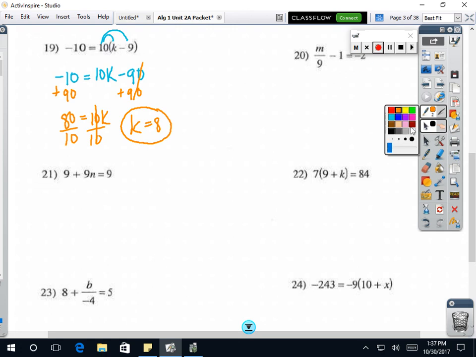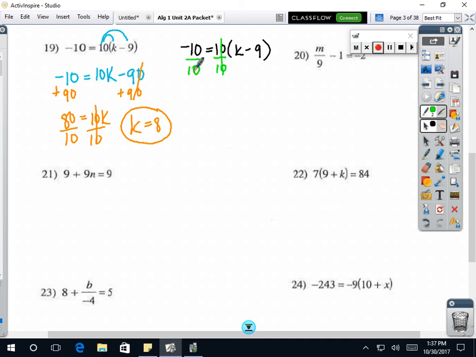Okay, now I'm going to show you another way you could have done it. You still need to see this, even if you don't want to do it this way. See how the 10, the whole reason we distributed is because the 10's being multiplied by that, right? Anytime you have a number and it's touching something, it's being multiplied. So what's the opposite of multiplication? So right away, you could have just gone ahead and divided by that 10 and canceled it.